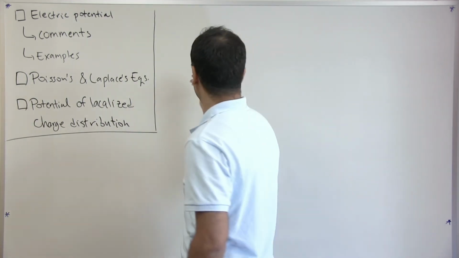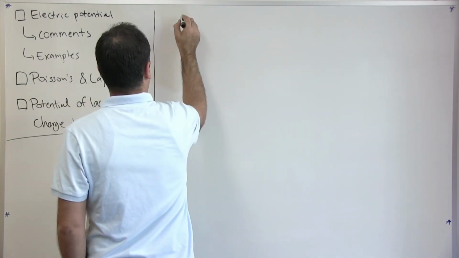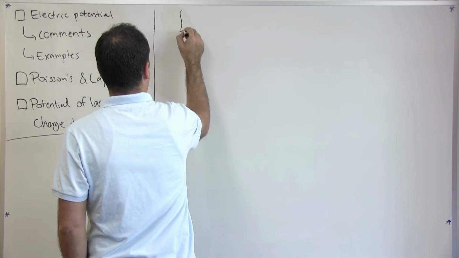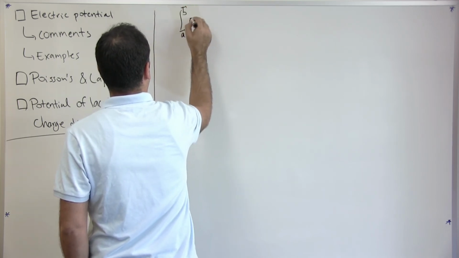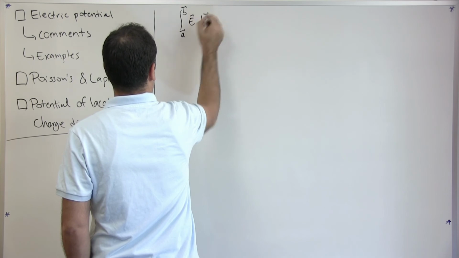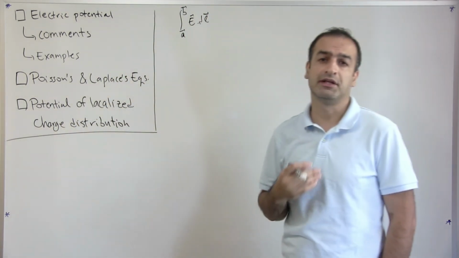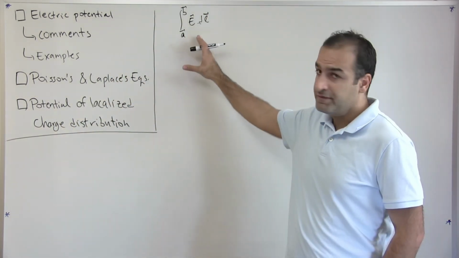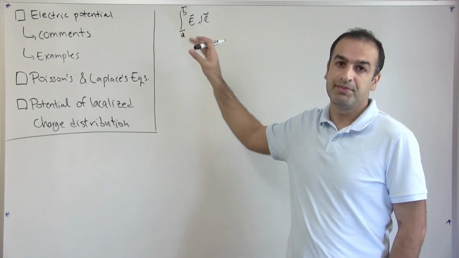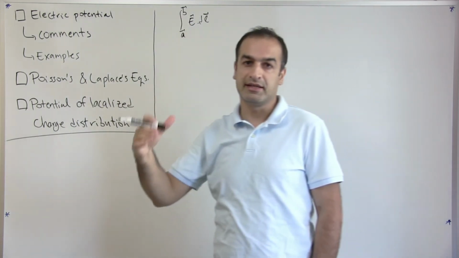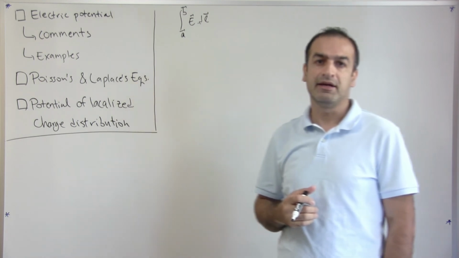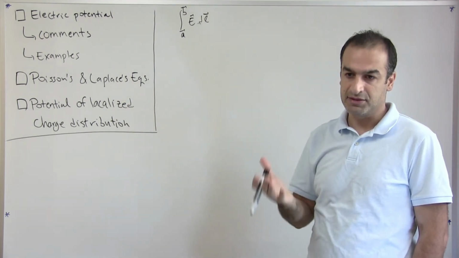The idea was that we have this integral from point A to point B of E dot dl. We started looking at the electric field of a point charge, but that can be easily extended to any other charge distribution without losing generality.